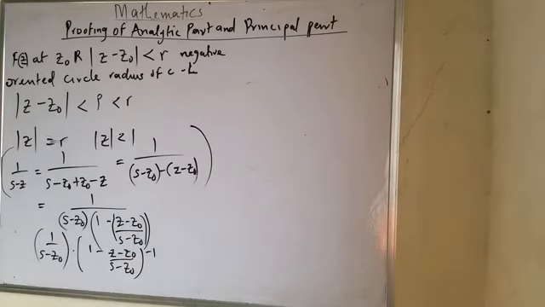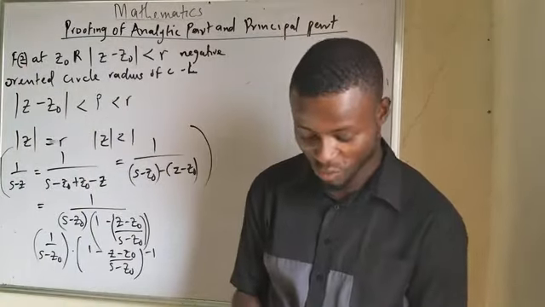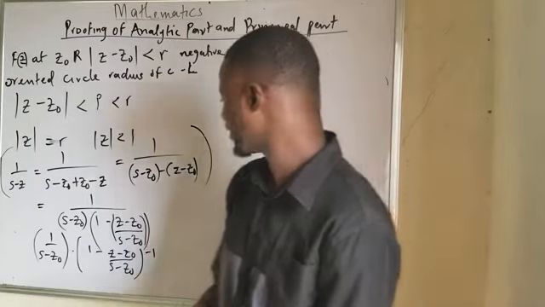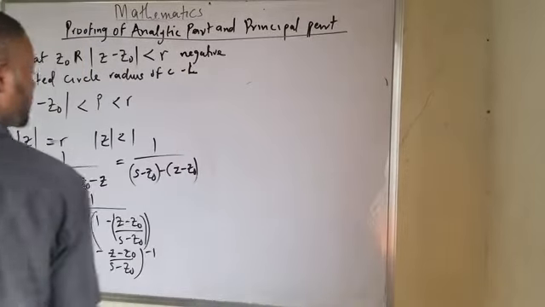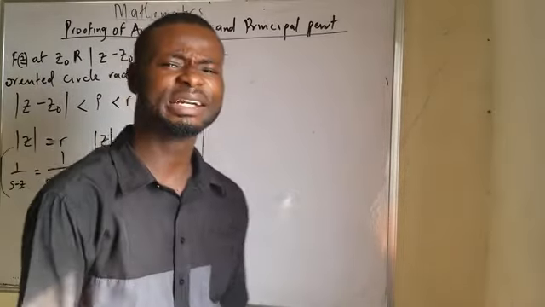With what I'm having here, I now have what is called binomial expansion, which we did when I was explaining Maclaurin series.